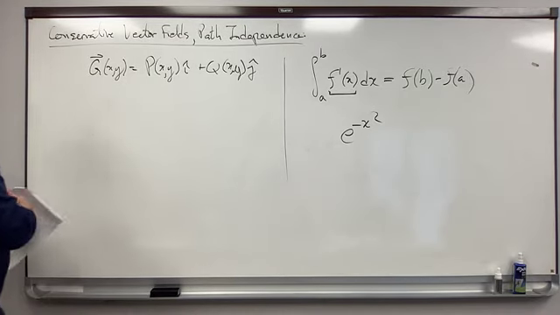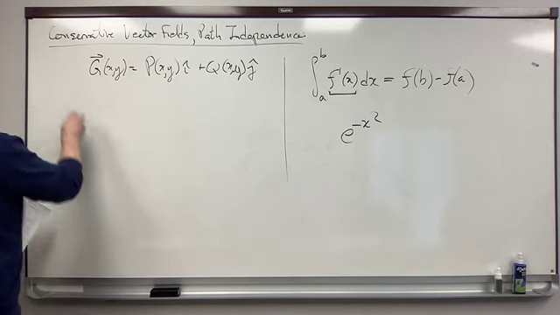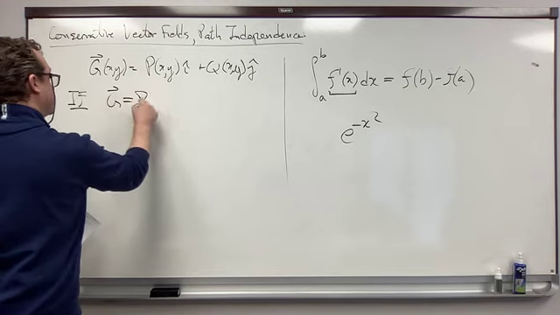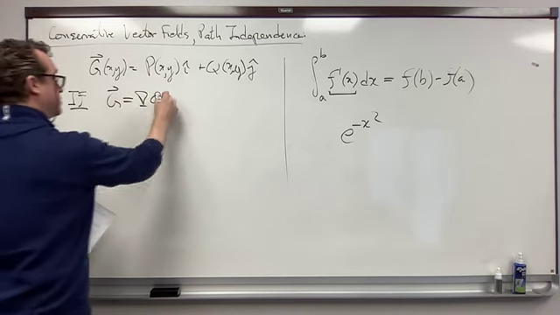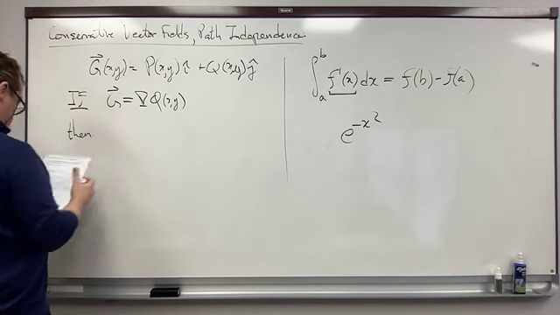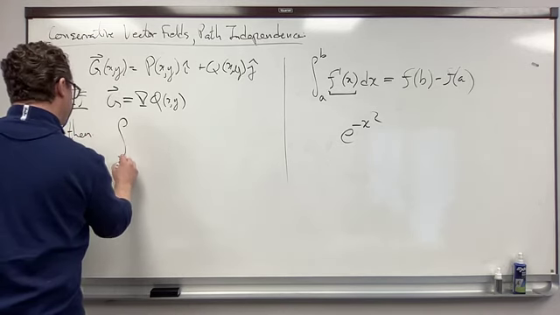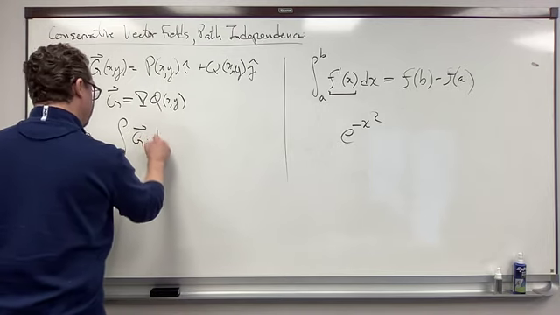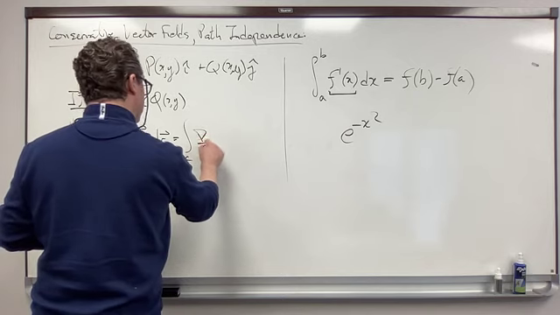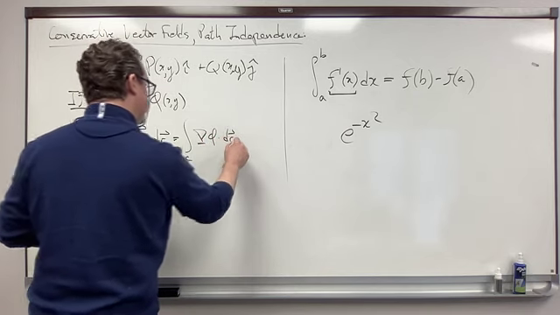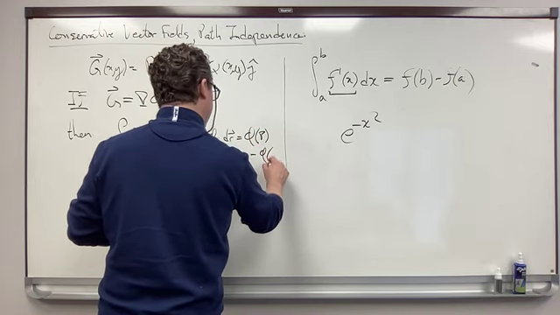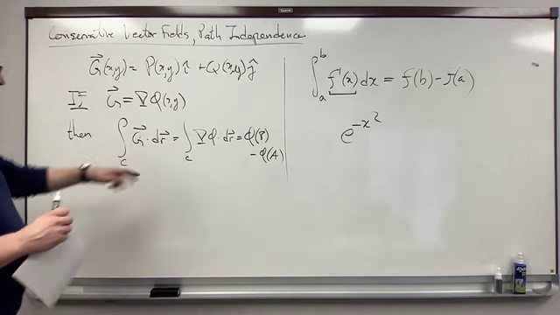Then we're going to say if G is actually equal to the gradient of some potential function, then the integral over C of G dot dr is equal to the integral over C of the gradient of phi dot dr, which equals phi at B minus phi at A. Okay, so look at the relationship.